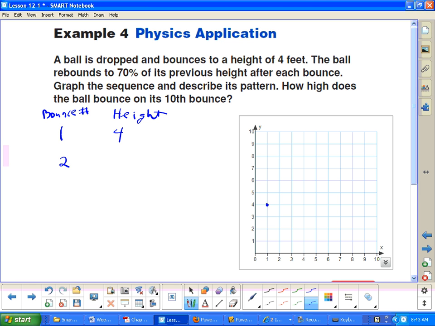On the second bounce then, it says it only goes to 70% of that. How do I get 70% of 4? Okay, so we have 4 times 0.7, which is 2.8, right? Seven times 4 is 28, right?